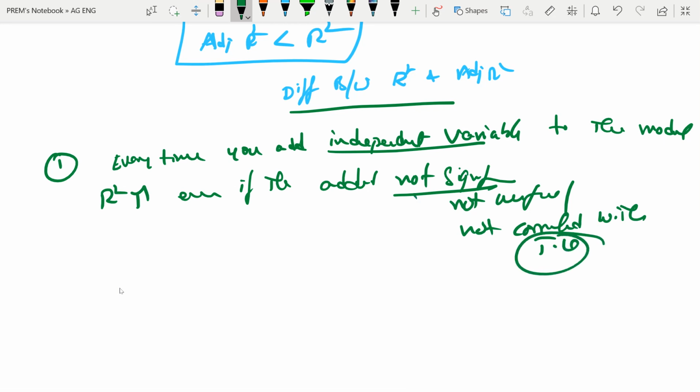Even if the added independent variables are not correlated with the target variable, R square will also be increasing. But in adjusted R square it is different.